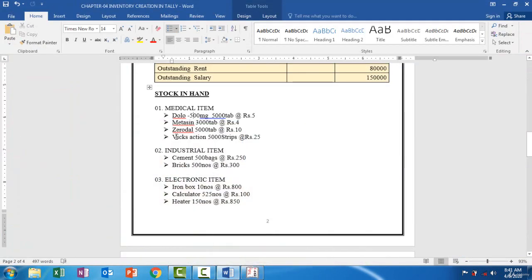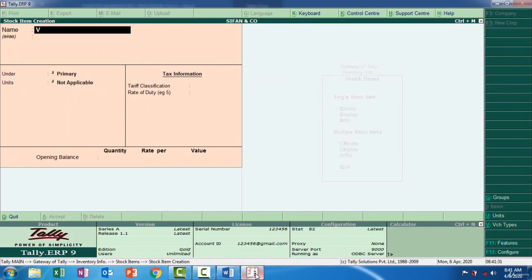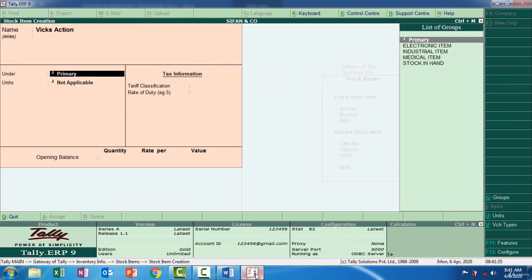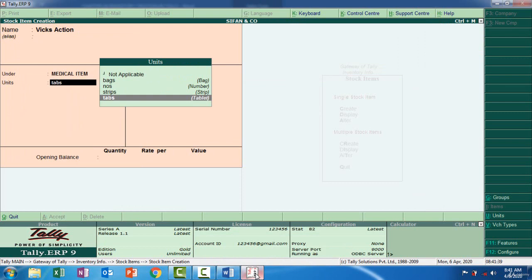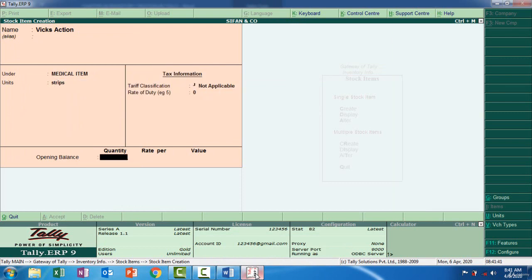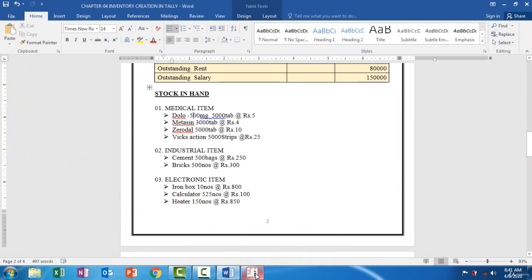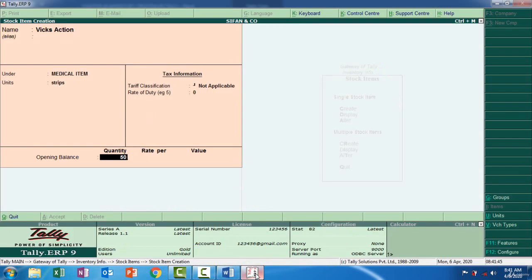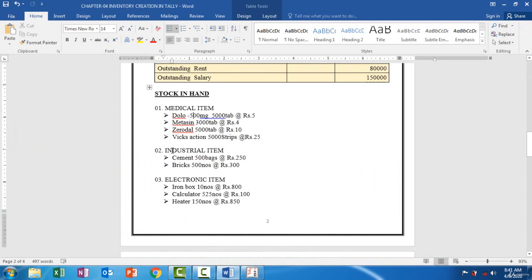The next one is Vicks Action. It is coming under the medical item and it's measured by the strips, and then quantity is 5,000, each 25 rupees, so the total 125,000, then accept yes. Next item, industrial item.